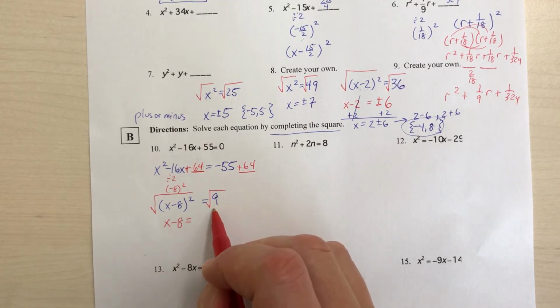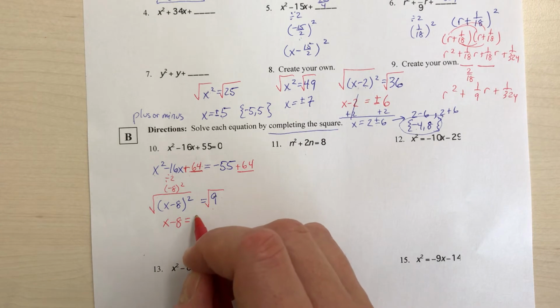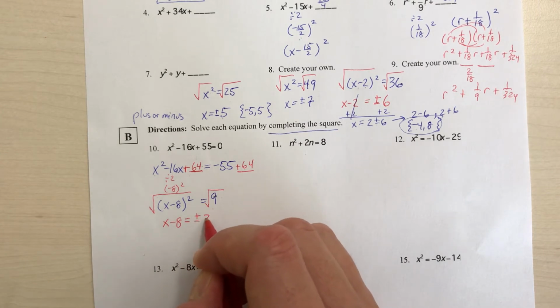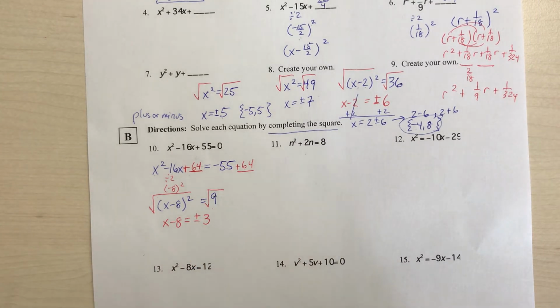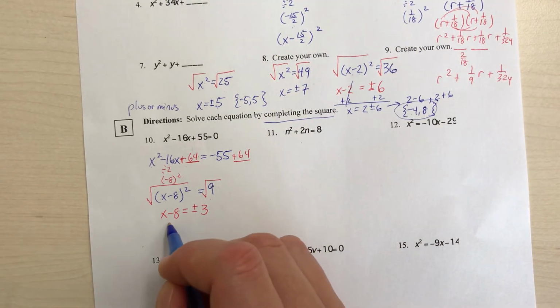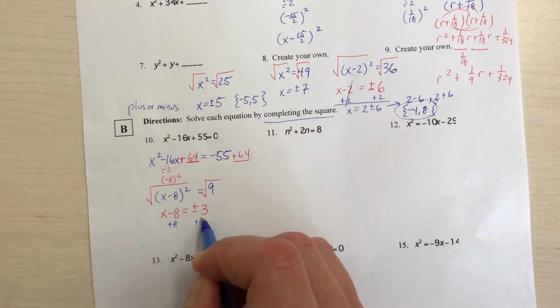Now the square root of 9 is also nice. It would be plus or minus 3. All right, remember there's two values that we can square that would give us a positive 9. It could be a positive 3 or a negative 3. All right, the last thing to do here is to solve it. We would go plus 8 on both sides.